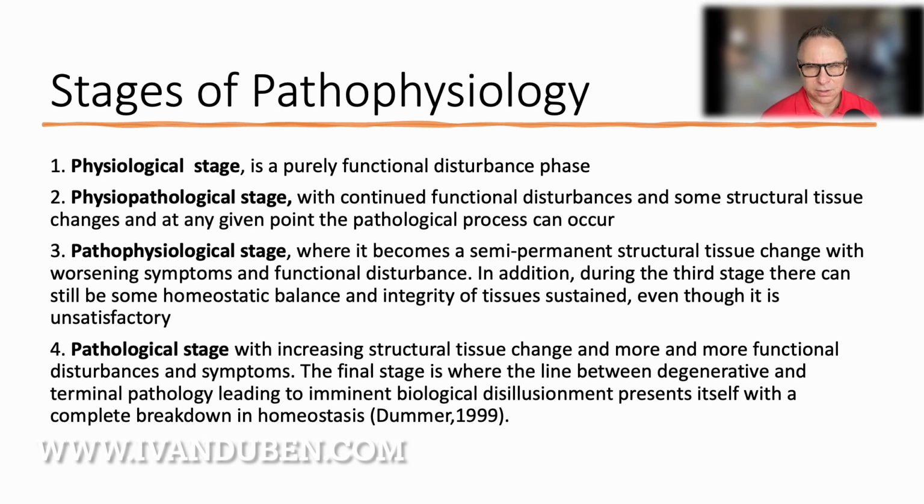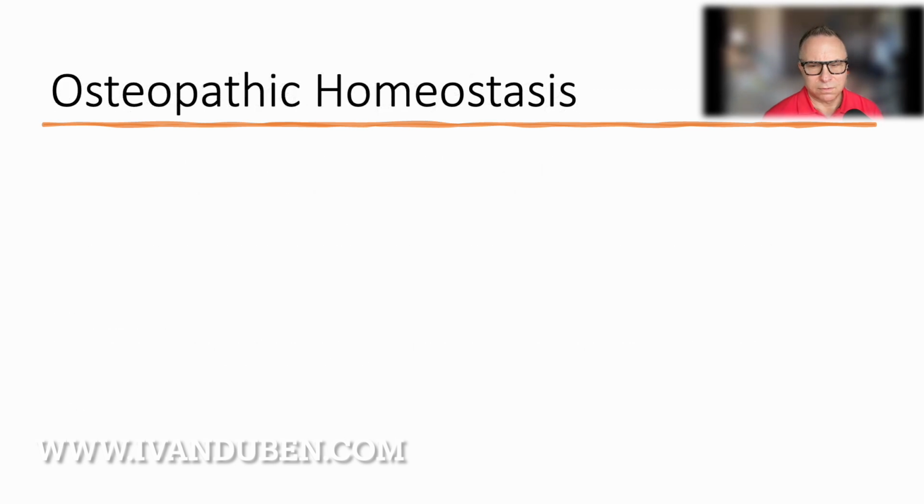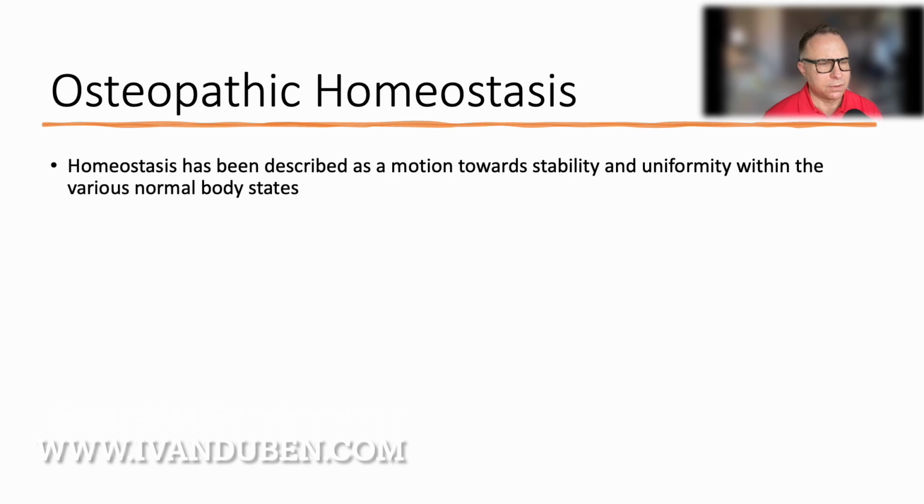Now, if we're looking at the concept of homeostasis, let's delve into the osteopathic perspective. According to British osteopath Tom Dummer, homeostasis can be described as a motion towards stability and uniformity within the various normal body states.